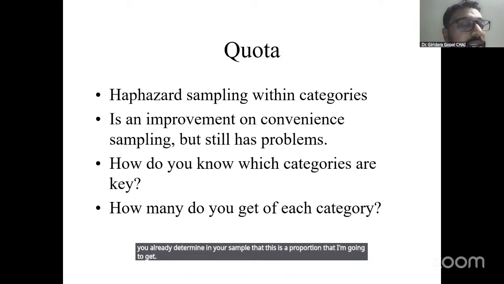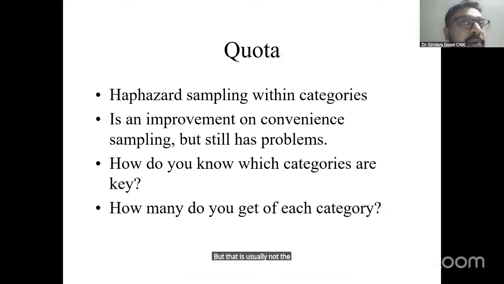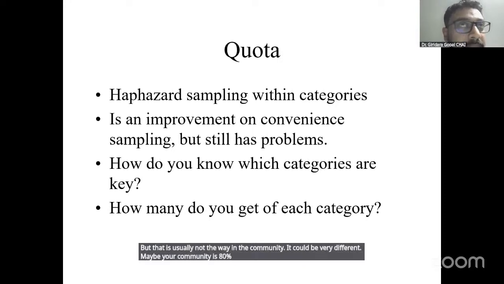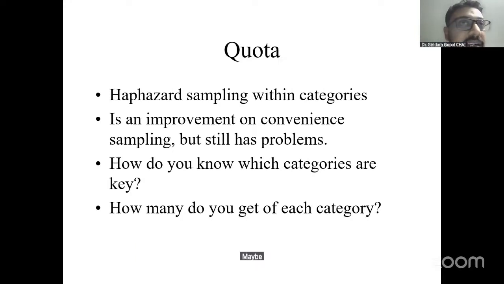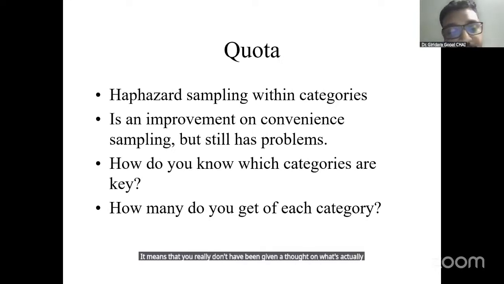But that is usually not the way in the community. It could be very different. Maybe your community is 80% rural, 20% urban, 70% male, 30% female, 60% educated, 40% uneducated. So if you go with a quota, it means you haven't given a thought to what's actually happening on the ground, right?